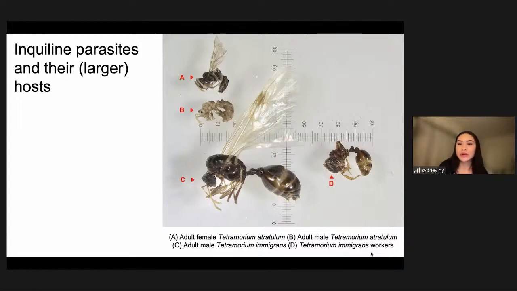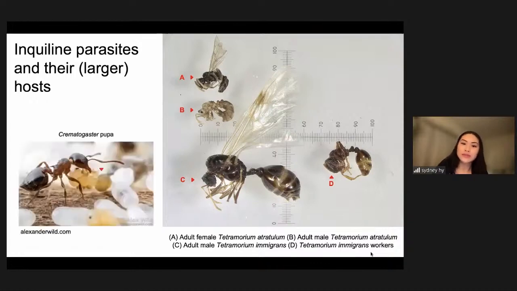And what's really remarkable is the appearance of the male parasite. It's very different from the typical male ant. It's wingless, it's pale and unpigmented, and it's also described as pupoid-like. And this is in reference to its resemblance to a pupa, as shown by this chromatogaster pupa on the lower left.